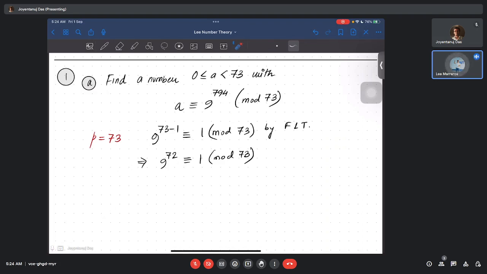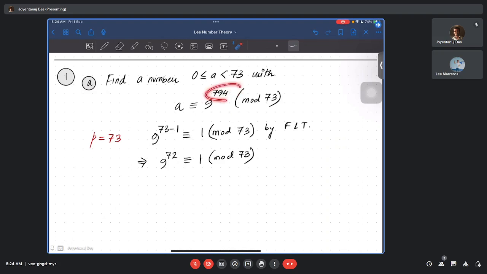If we just multiply both sides by 794 minus 72, then also it will be some quantity. So then we have to find that quantity, so that will reduce to the same problem, same idea.